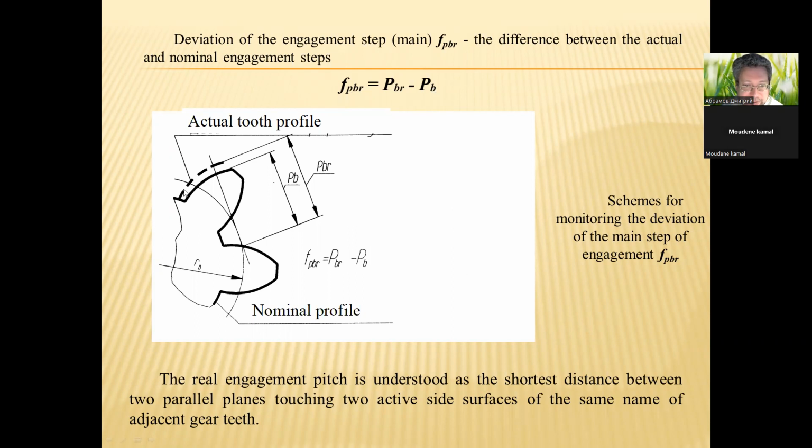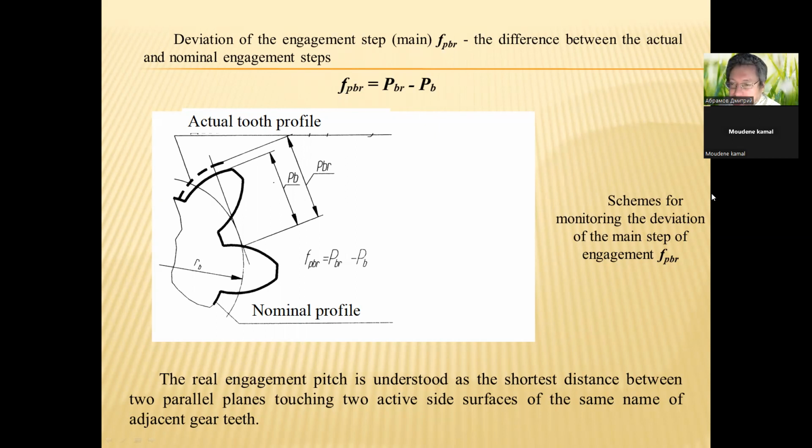You can see in this scheme, this distance is PBR and this dimension is PB. We have the nominal profile and actual tooth profile. Difference between nominal and actual tooth profile, it's FPBR. It's deviation of the engagement step.